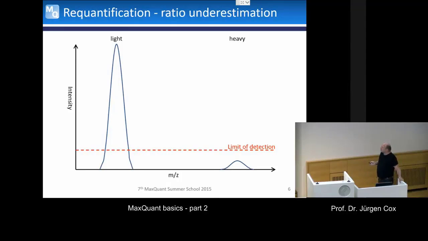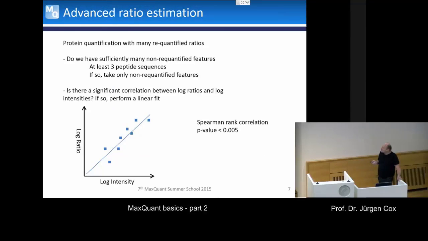Then it depends on the intensity of this peak if you can actually measure this ratio of 10 or not. If you cannot measure it, then it depends on the intensity of this peak what the ratio would actually be that you get from quantifying against the noise. Through this, you get a correlation between the intensity of the feature and the ratio that this feature reports.